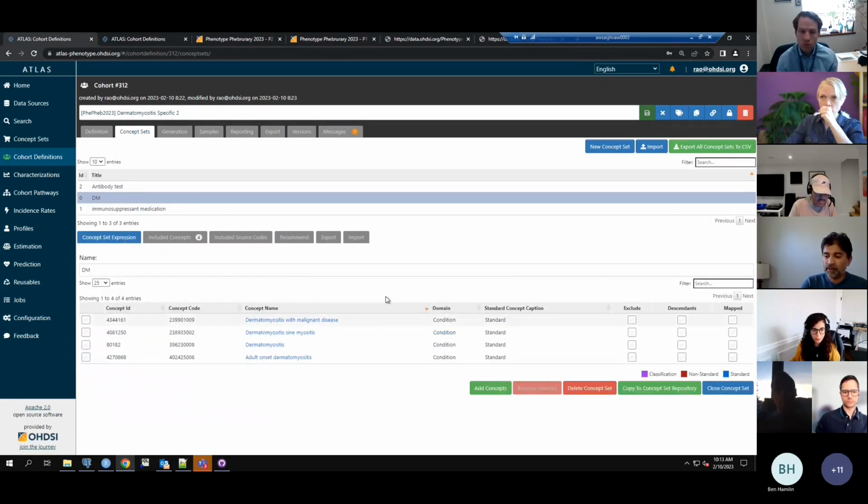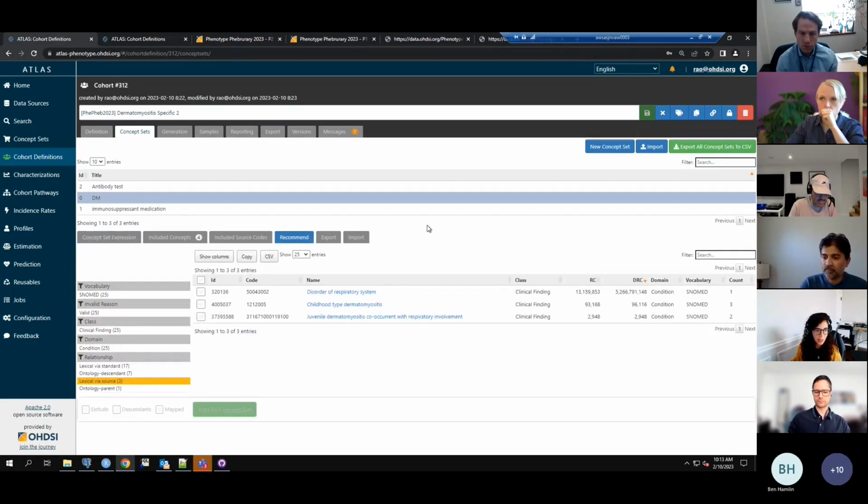The conceptual expression is basically verbatim codes. I think you might have a mapping issue here. Go back to the recommended and lexical via source. There's something that maps to these. I see childhood type dermatitis makes sense, but why is it recommending that first one?